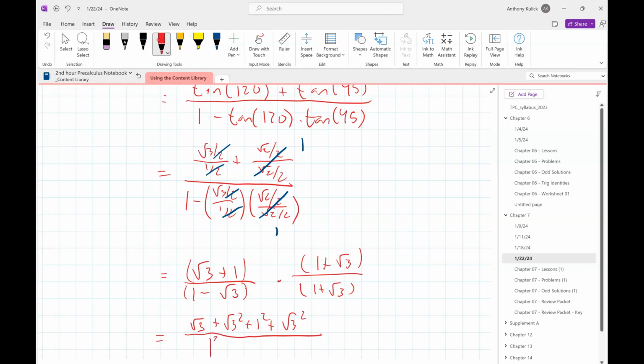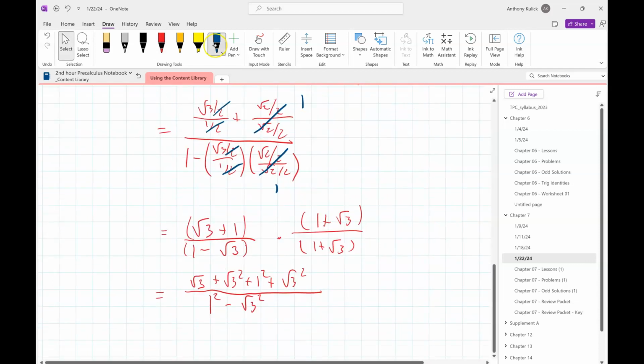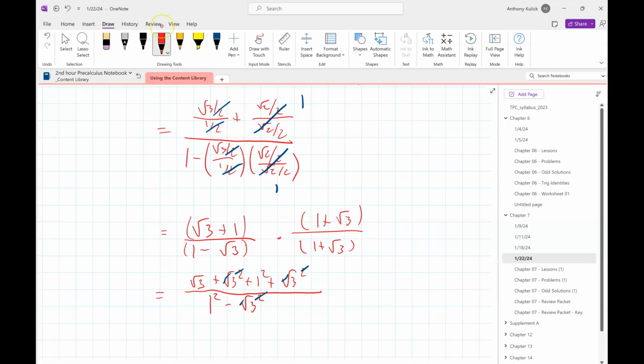And then the bottom is just a difference of 2 squares. Feel okay? I know the squares are going to cancel the square roots. That one's just supposed to be a regular root 3. That's a goof up on my part. Sorry.